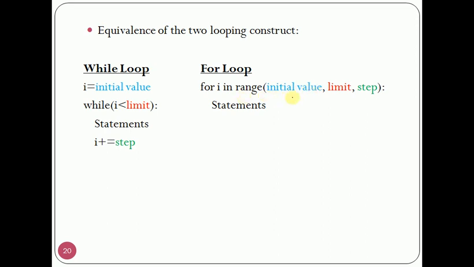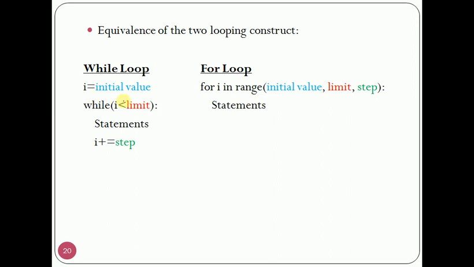For a for loop, there is a placeholder for everything. Initial value, there is a place. Definitely for the limit, there is an n value, there is a space. And for the step value also, there is a space. So it is a very structured way. But when we look at the while loop, if you want to initialize something, you have to give that before this while loop.